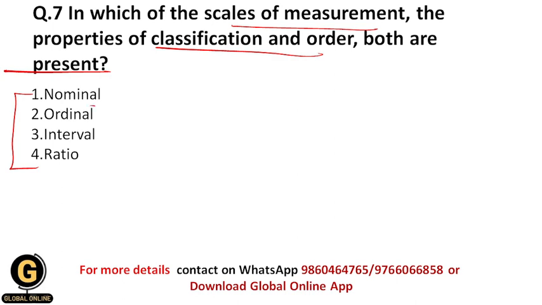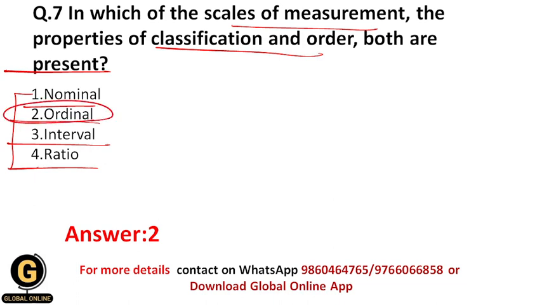So whether it is nominal, ordinal, interval, or ratio. As I have told you earlier in this video, only the ordinal scale of measurement has the properties of both classification and order, right? And that's why it is called the ordinal scale of measurement. So your correct answer should be 2.